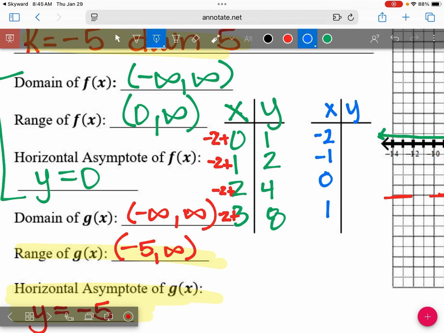On the y side, I have to multiply by a and add k. So I have to multiply these numbers by 3 and subtract 5 all the way down. So pick up your calculators, take those 4 numbers, multiply them by 3, and then subtract 5. This is our last question for today.